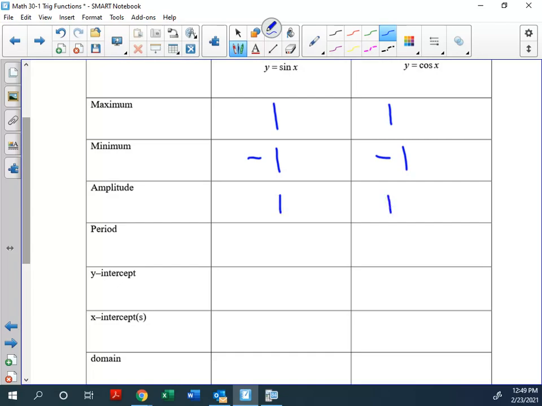Well, this seems pretty easy so far. What about their period? Is their period any different? What's their period? 2 pi. And yes, it could be 2 pi or 360 degrees, depending on how you were asked to discuss. Y-intercept. Well, they have a different y-intercept or the same?